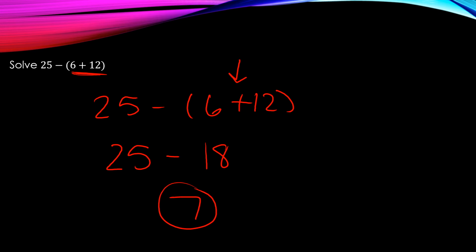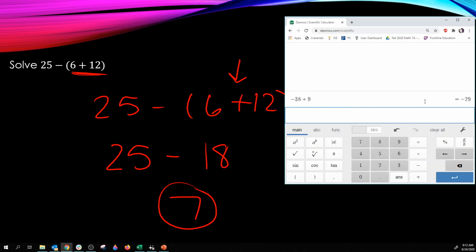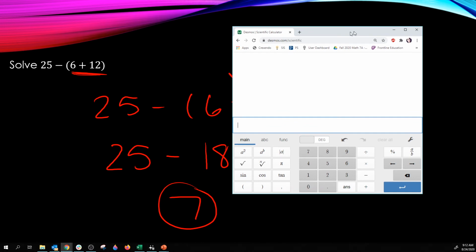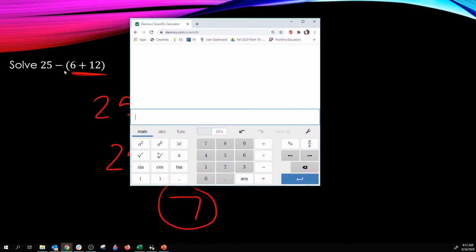And if you want to, you can absolutely double check this in a calculator, but you need to make sure that it looks exactly like this one here with the parentheses and everything. Do not forget those parentheses, and you can double check it to see that it is 7.